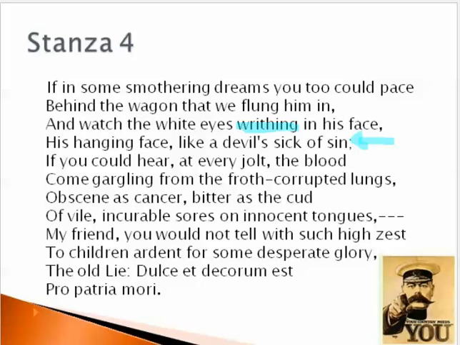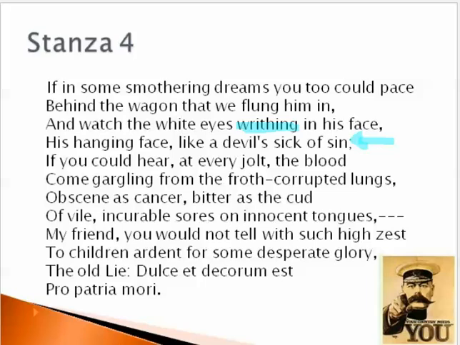What is the message that the poet's trying to, what feeling is he trying to evoke from us? Right, and so he really wants to stress basically that there's a lot of pain. I mean, he compares it to being a devil sick of sin, like so bad that even the devil would be sick of sin, right? That's how bad.